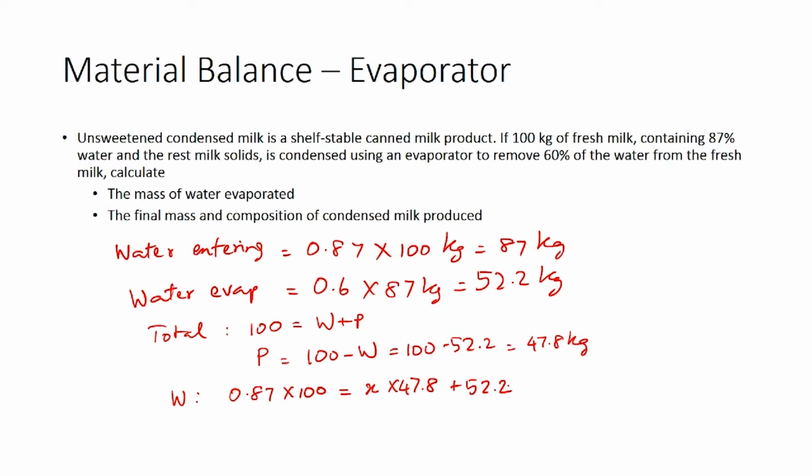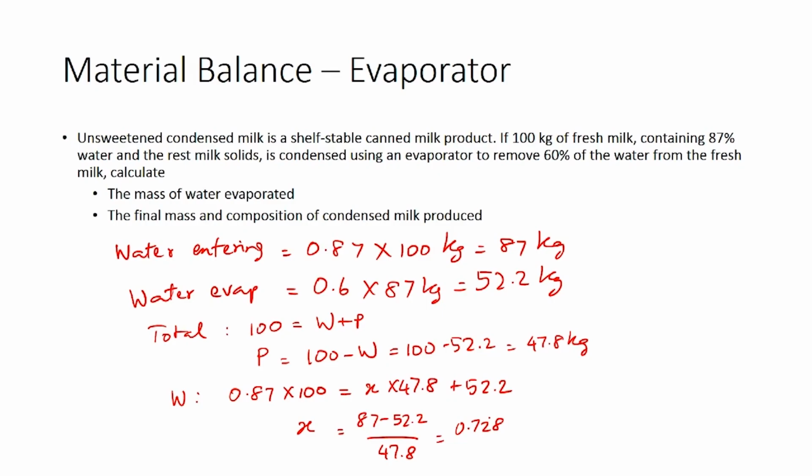Solving this equation, we can calculate X as 87 minus 52.2 divided by 47.8, which is 0.728. So this would give you the mass fraction of water in the condensed milk.